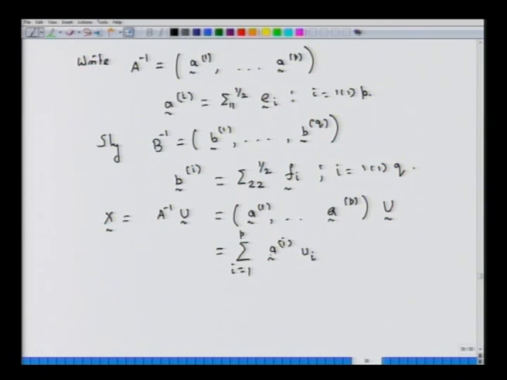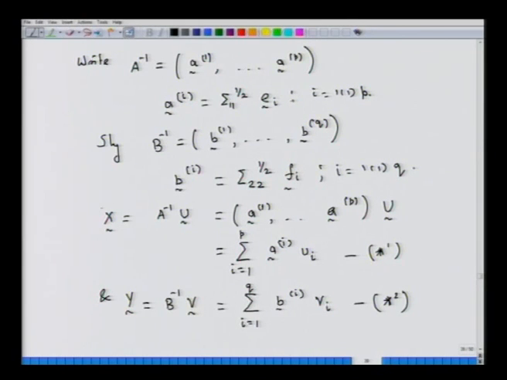So, we have this as a_i times u_i, and y is B inverse times the v vector. Similar to the x term, we can write the summation i equal to 1 up to q of the b_i vector multiplied by v_i. Now, these two are important forms. Let me write them as star 1 and star 2.